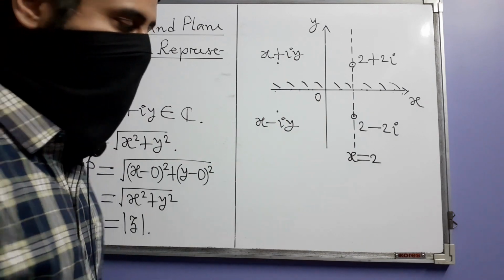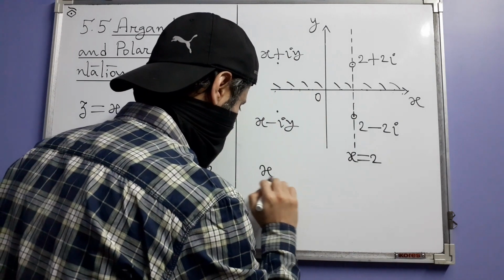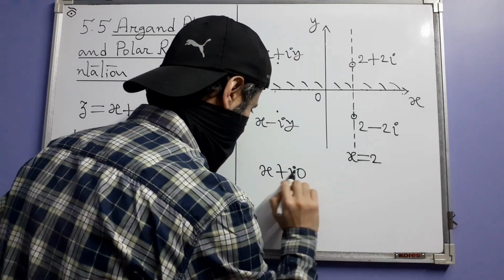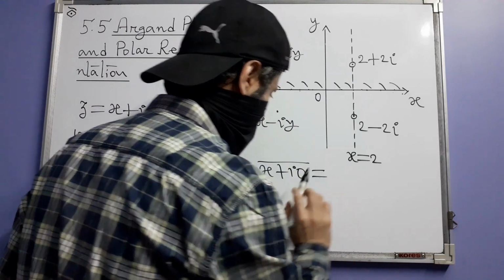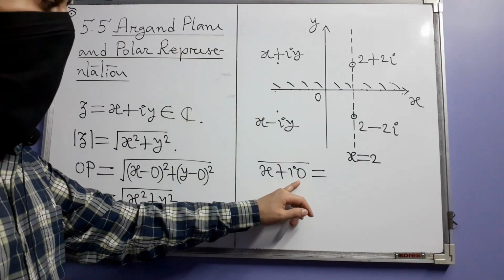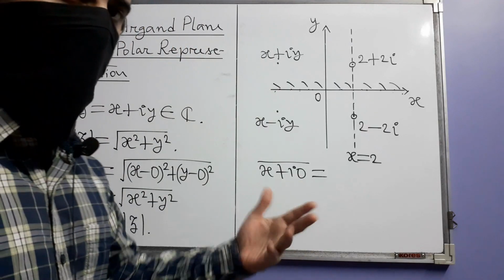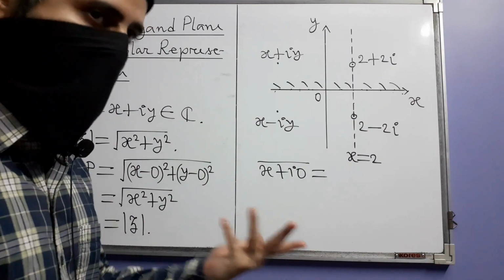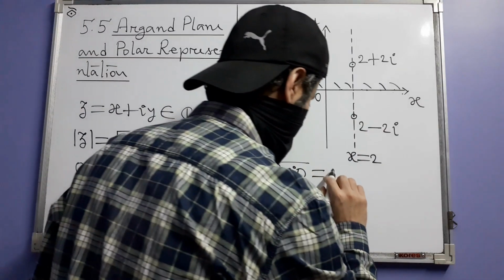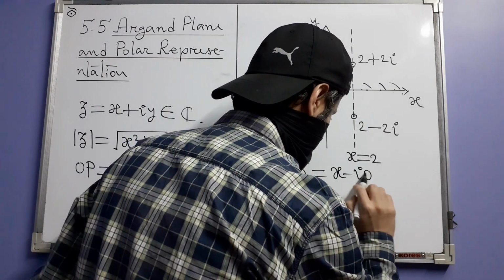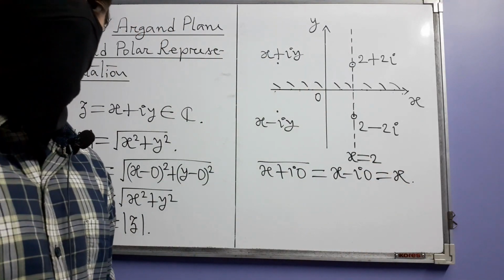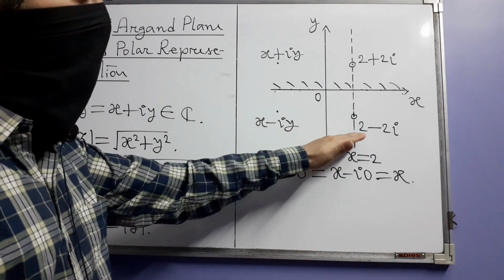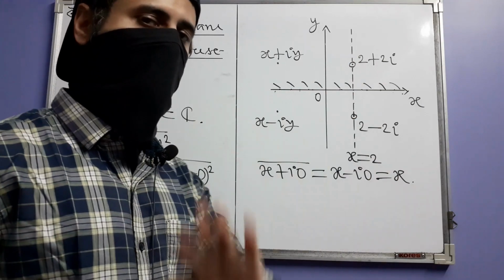Is it really the case? Let's see. So a real number is a complex number like this. If you take its complex conjugate, you change the sign of the imaginary part, but because the imaginary part is 0, essentially nothing changes. You get x minus i0, but that is still x. So that's the geometric interpretation of the complex conjugate.